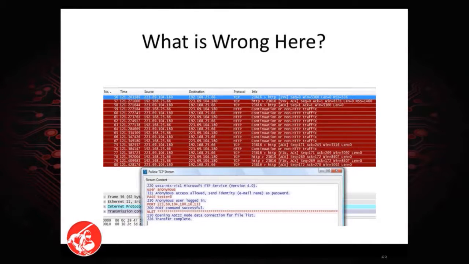But the problem is in the actual addressing. When you look at it at the time of this slide, the 223 address was not allocated. So this organization is not doing proper ingress filtering, because it's allowing an unallocated IP address as a source address to talk and communicate with its network.